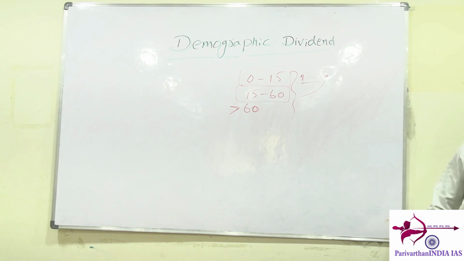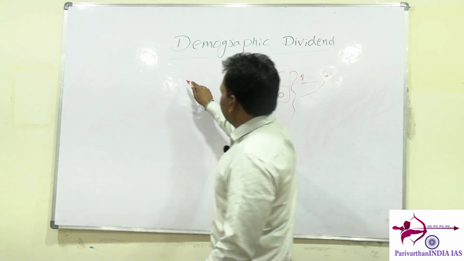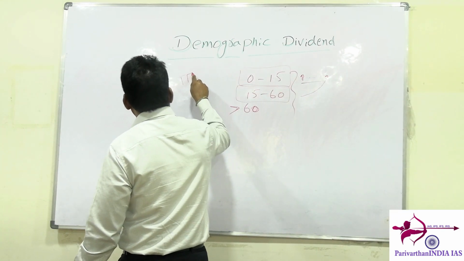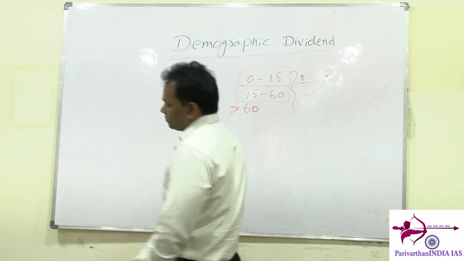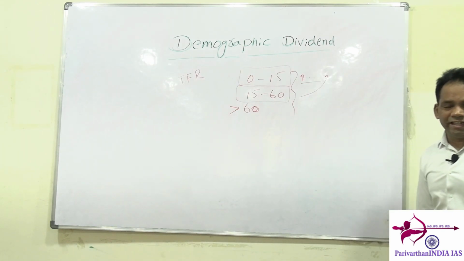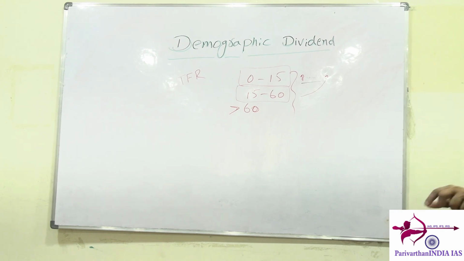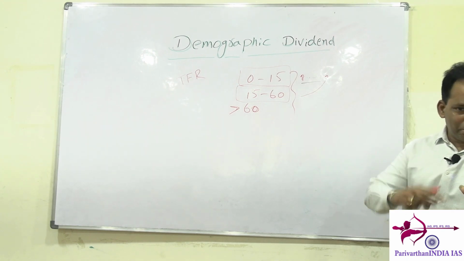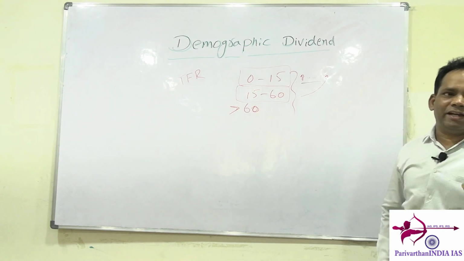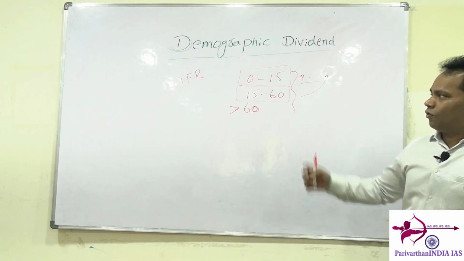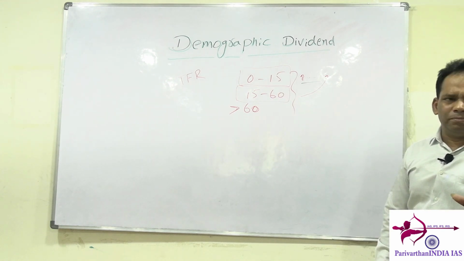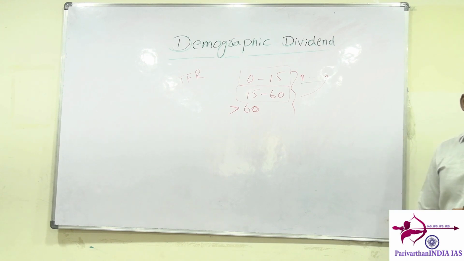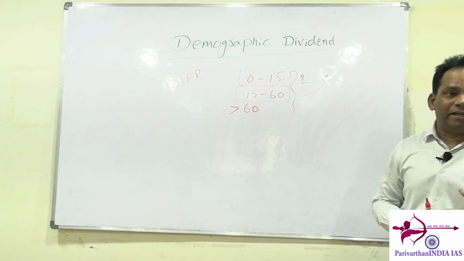Understand? This depends upon the TFR, total fertility rate. India's total fertility rate is around 2, the replacement level. India has reached the replacement rate. TFR is nothing but child births per woman. It is around 2, 1.9991. It has recently entered that level, but however, it has reached replacement level.